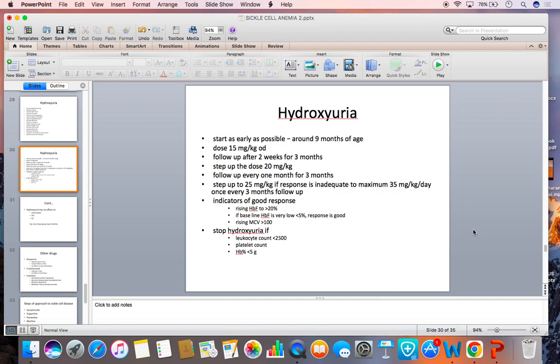But in our patients, we usually find baseline HbF level more than 15%. Rising MCV more than 100 is a good response. Well, if the leukocyte count is less than 2500, if the platelet count is falling, if the hemoglobin level is also falling to less than 5 grams, stop hydroxyurea.